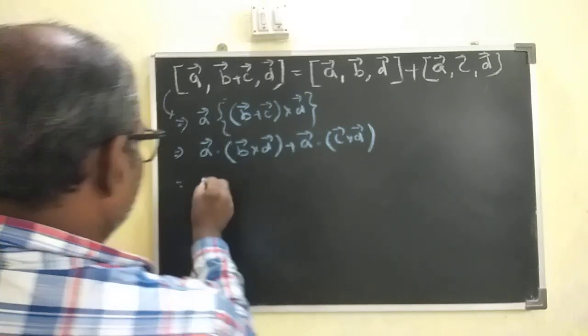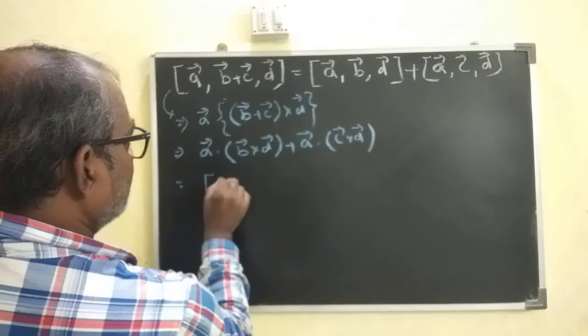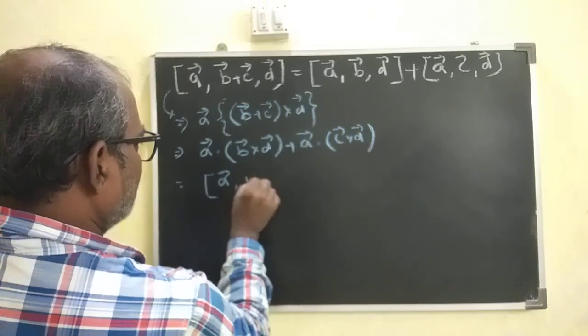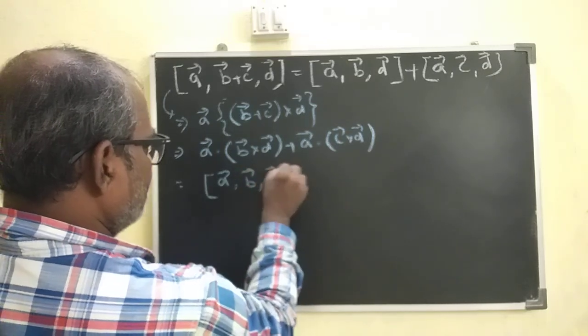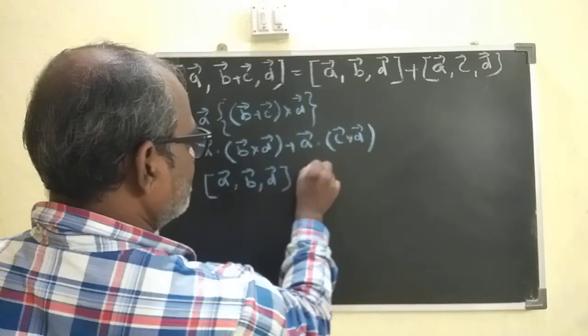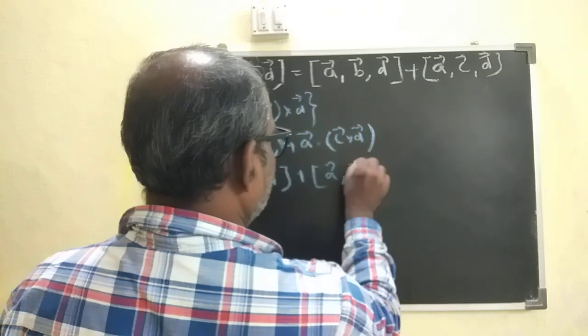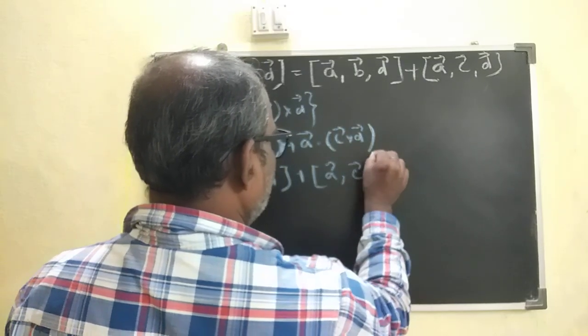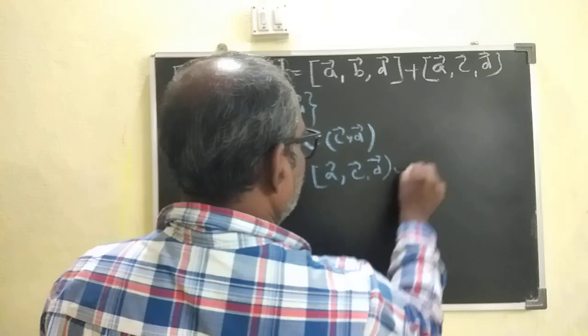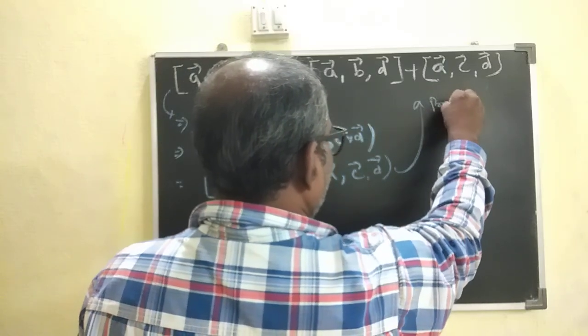This is equal to A vector comma B vector comma D vector plus A vector comma C vector comma D vector. Proved.